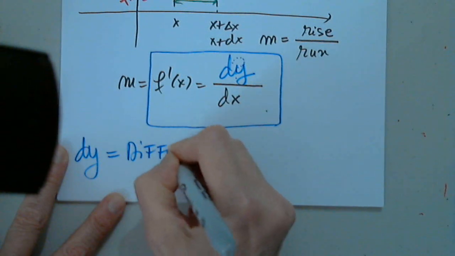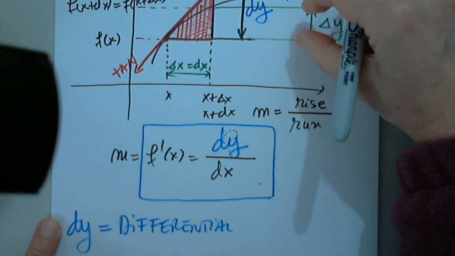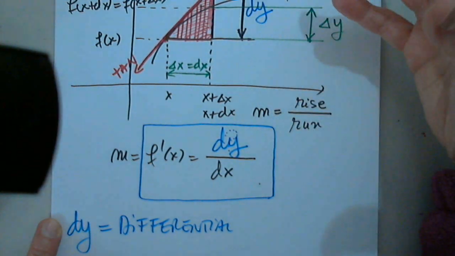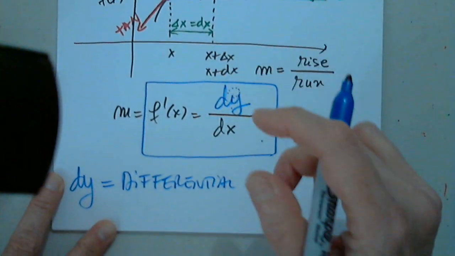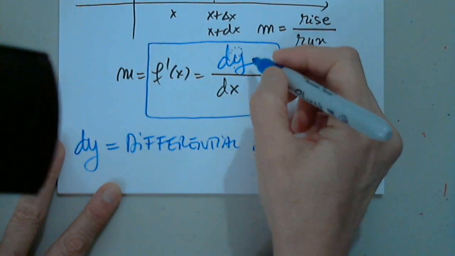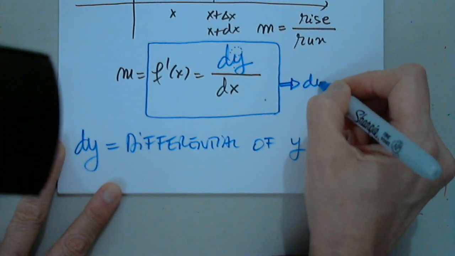Differential. In other words, is this actual error approximated and determined with a derivative? Yes. Differential of y.